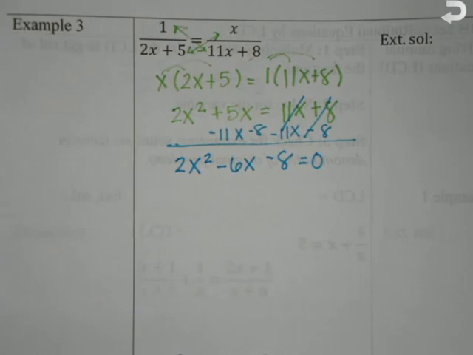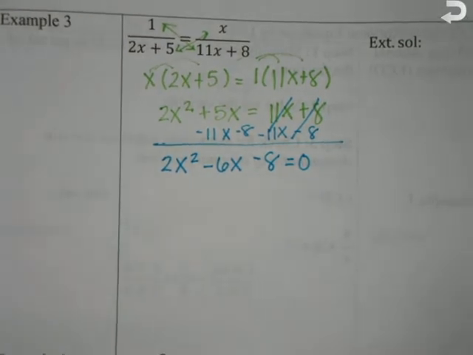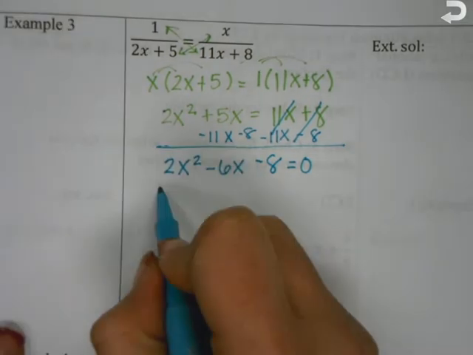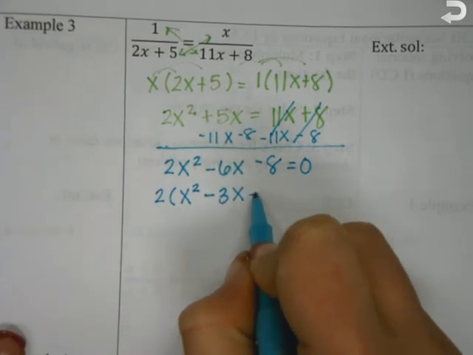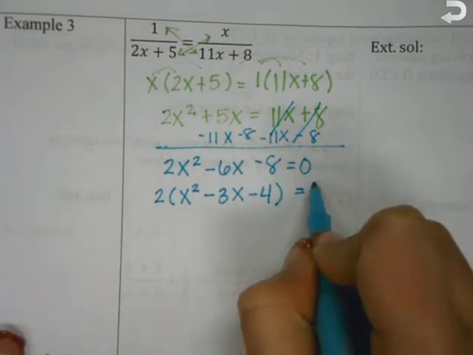Okay, so how do I solve this? Bottoms up. Can I do bottoms up? There's a GCF. Let's factor out the GCF of 2. So that's going to give me x squared minus 3x minus 4 equals 0. Okay, what method are you going to use here? Diamond.